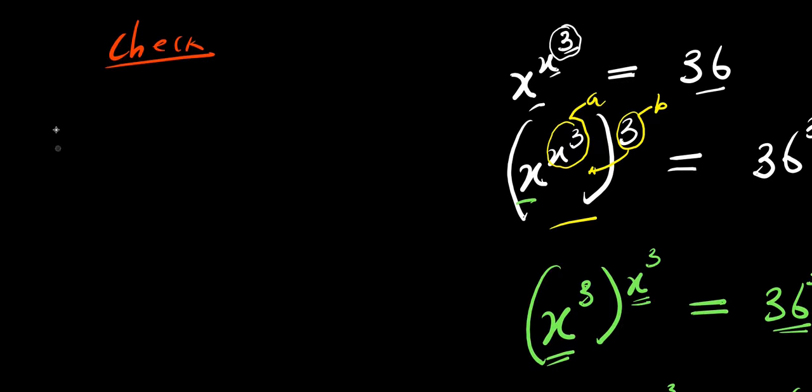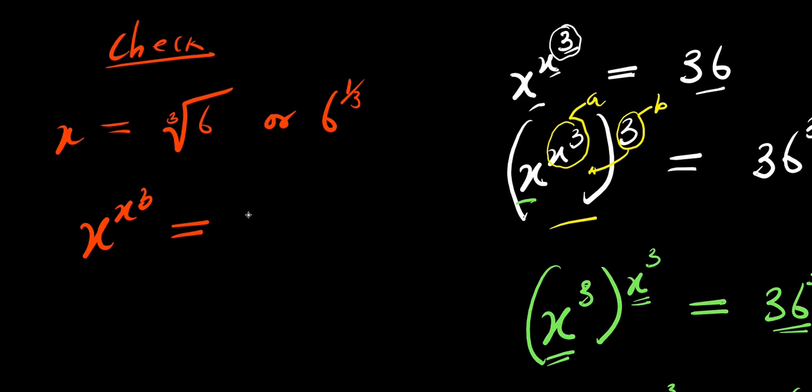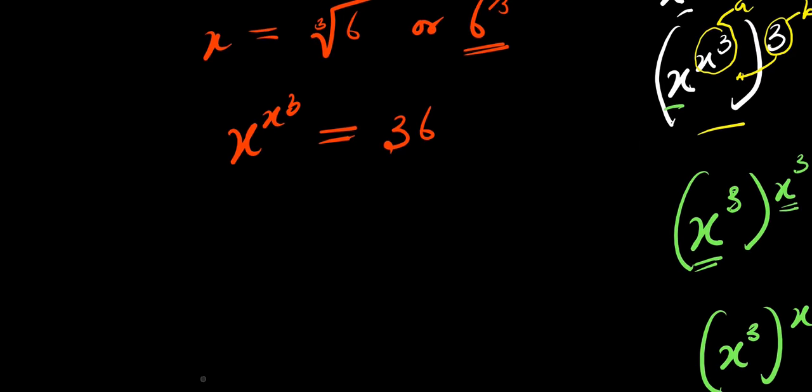I check my x, which is the cube root of 6, or 6^(1/3). And the question is x^3 equals 36. So I'm going to substitute this for x. So we'll have 6^(1/3) raised to the power of 6^(1/3), raised to the power of 3, equals 36.